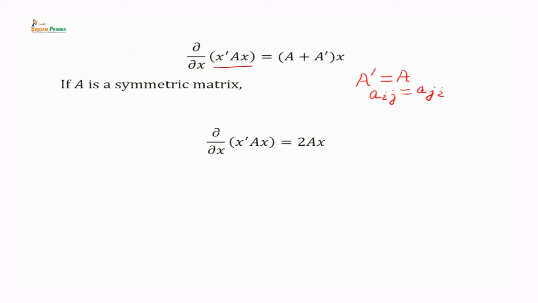Then if A is a symmetric matrix, then del over del x of x transpose A x is equal to twice A x. So, this is how you can differentiate a quadratic form.